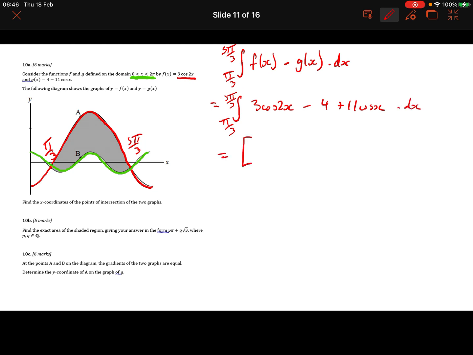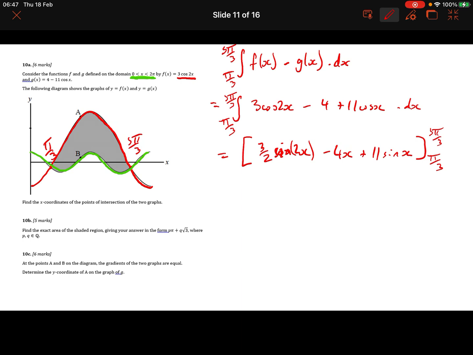That's going to be 3 over 2 sin 2x minus 4x plus 11 sin x between 5 pi over 3 and pi over 3.